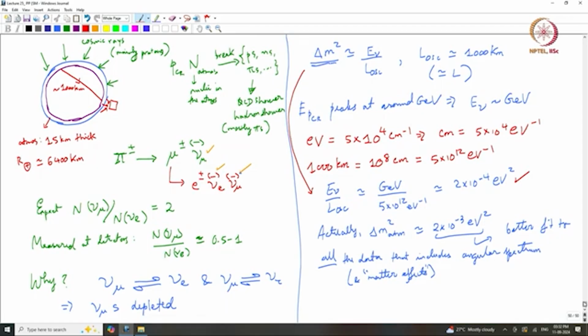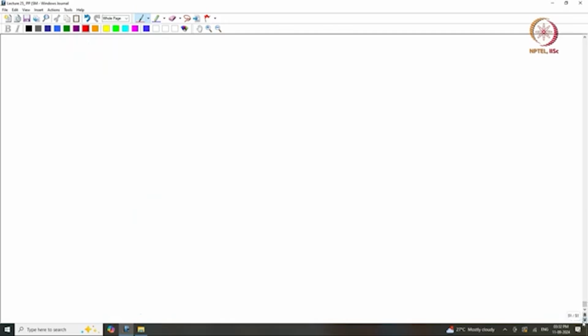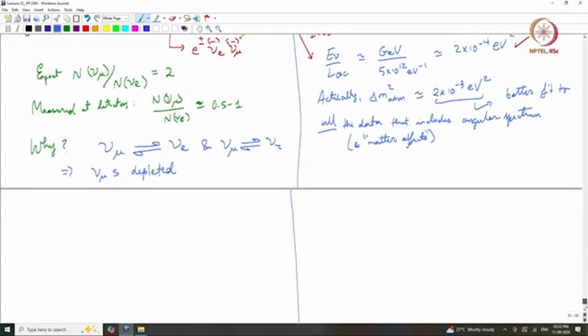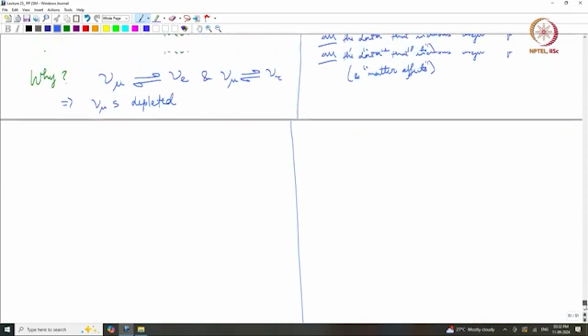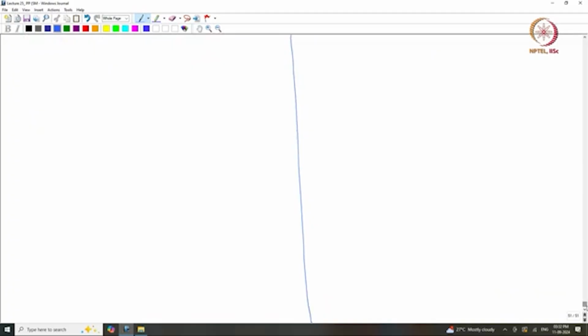Now let us see how the solar neutrinos are measured, but along the way it would be useful to check one other case of oscillations. So I am going to summarize what we did and then use that to check these other effects.